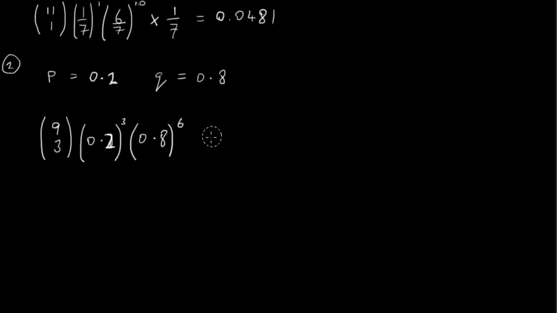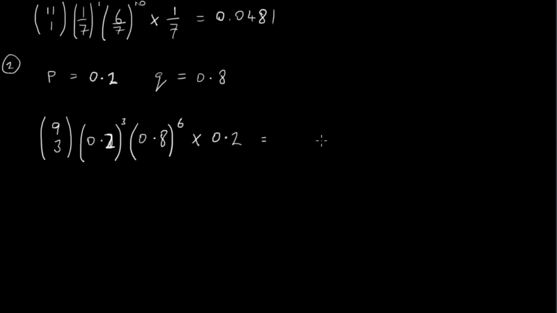Okay, so this is the first 9 phone calls. Now she has to make one more phone call, the 10th phone call, and that has to be successful. So the probability of that being successful is 0.2. This is our completed probability.